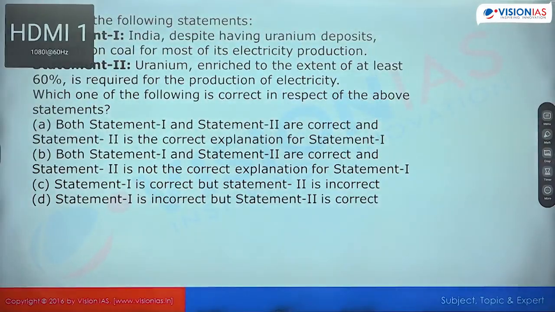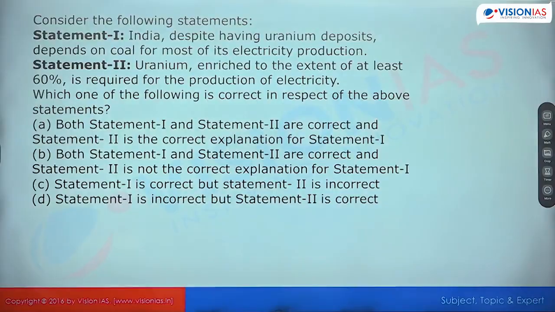This was a question asked last year only. It is a 2023 question. What will be the answer?